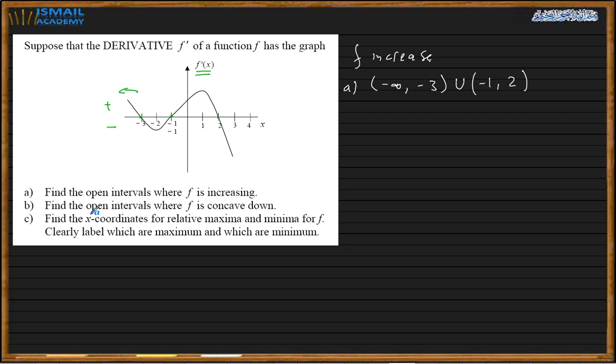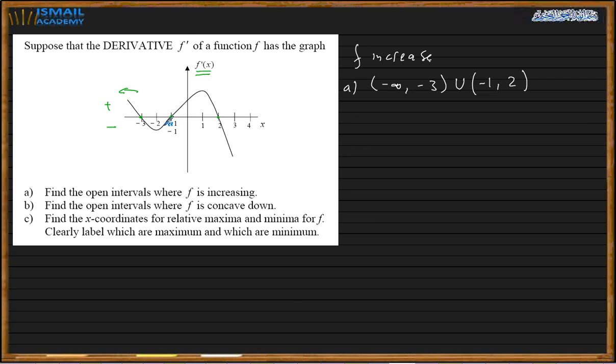The second question: find the open interval where the function is concave up. You see, concave up means what? This means the derivative is increasing. What does derivative increasing mean? This means the second derivative is positive, and this is where the function is concave up. But here they ask for concave down, so I will look for the decreasing of the derivative.